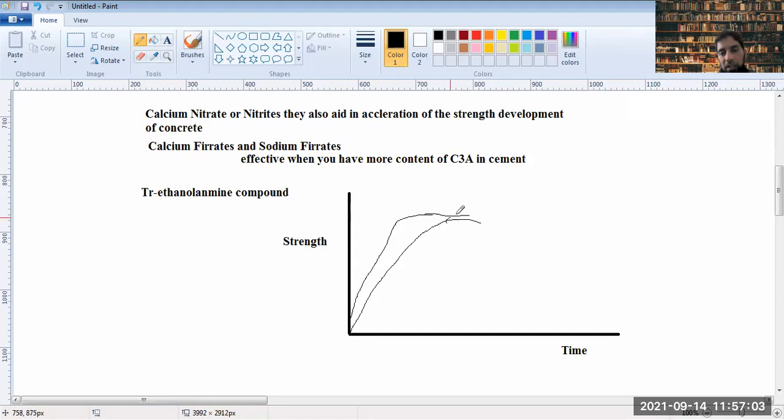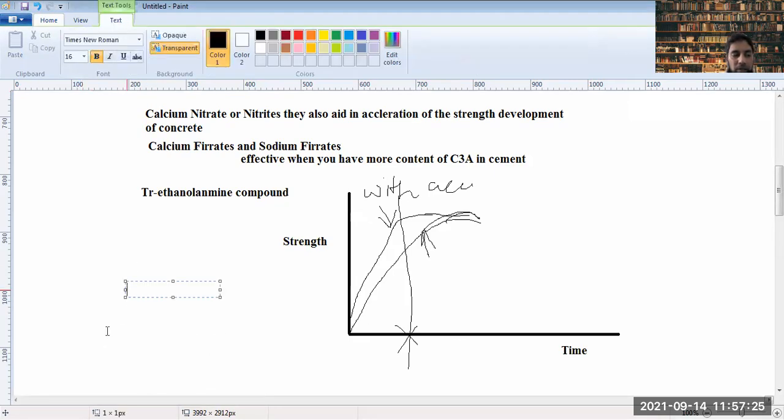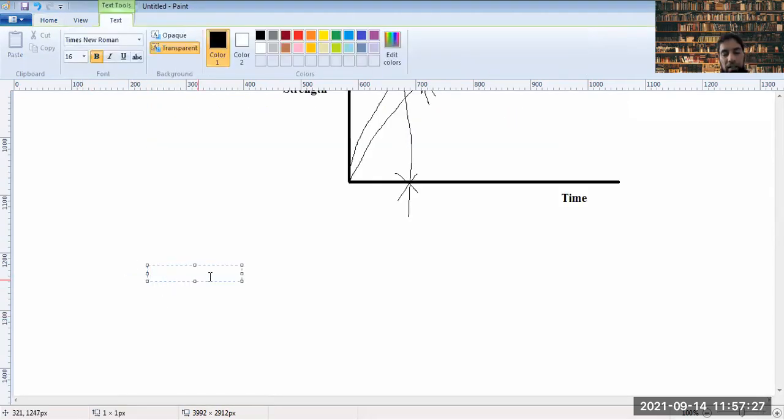But the overall strength would be almost the same in both the cases. It's only that this achieves strength earlier. This is with accelerating admixture, and this graph, the lower one, is without. Overall strength that is achieved is almost the same in both the cases. This was about the accelerating admixture. Anything you want to ask?